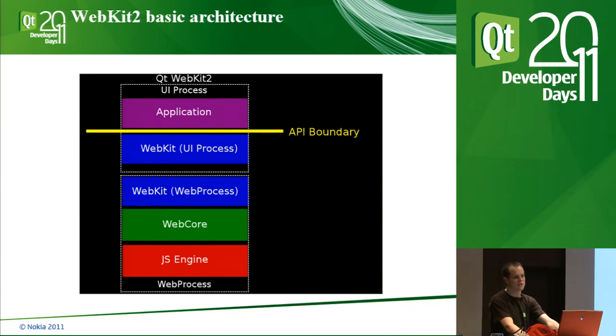One where your application sits, the UI process, and the other that is taking care of rendering the web content, or parsing it, fetching it, and so on. But for you, the API boundary is still the same. You don't have to care about the IPC. You don't have to care about the other process. You don't even know that it exists. For you, it's totally translucent, transparent in the API.